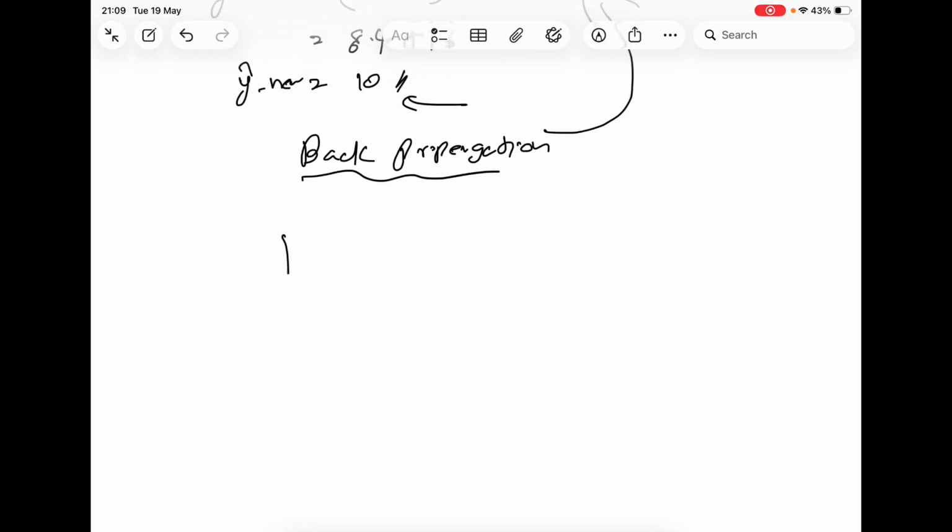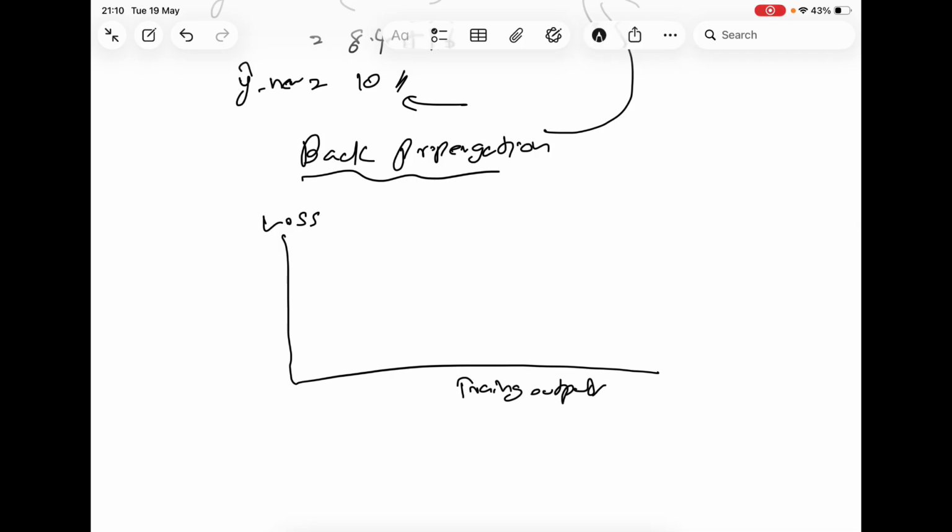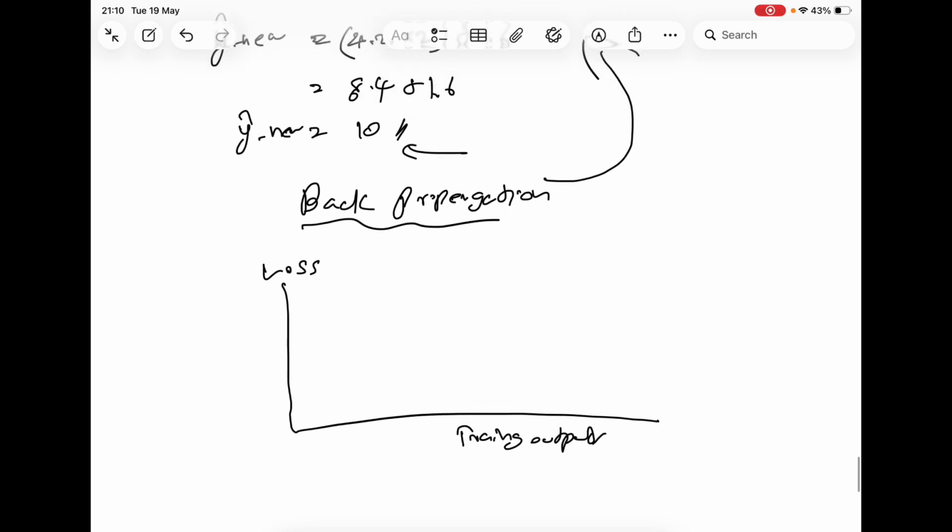Finally, if we draw another simple graph with loss and training rounds, remember I told you earlier that the loss will not become zero at once.